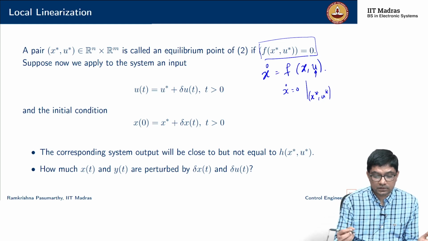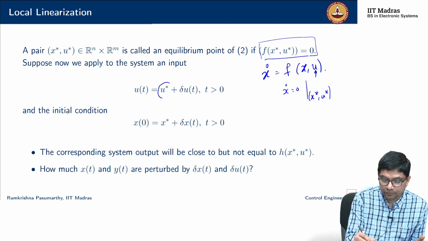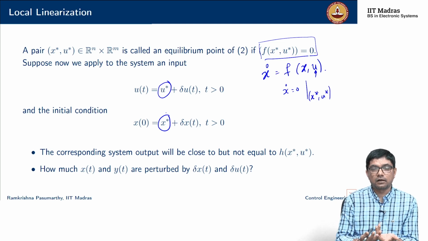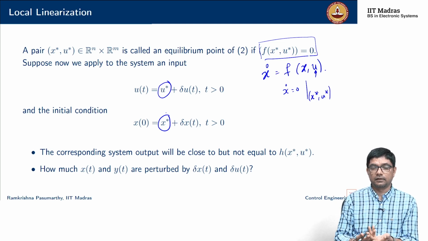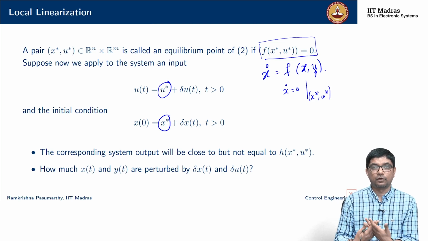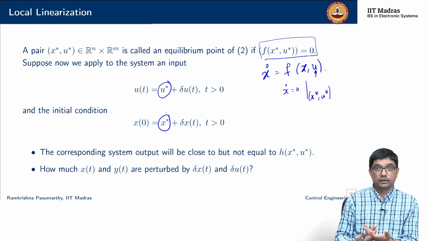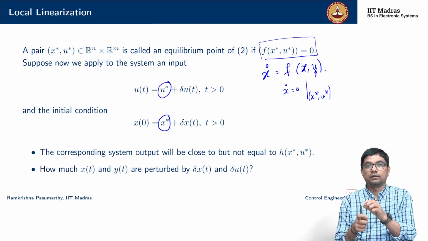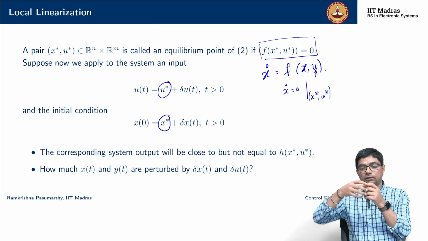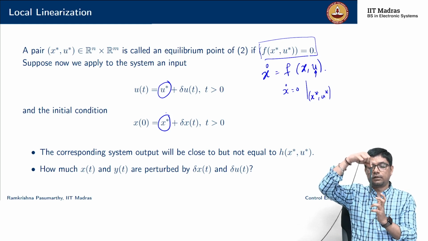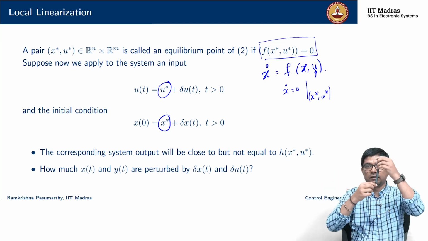Okay, so suppose now I start from x star, and if the initial condition is x star, I will always remain at the equilibrium point. That is not interesting. Things get interesting when I do a slight perturbation, a downward perturbation at the downward position of a stable pendulum. It just comes back to the original position.